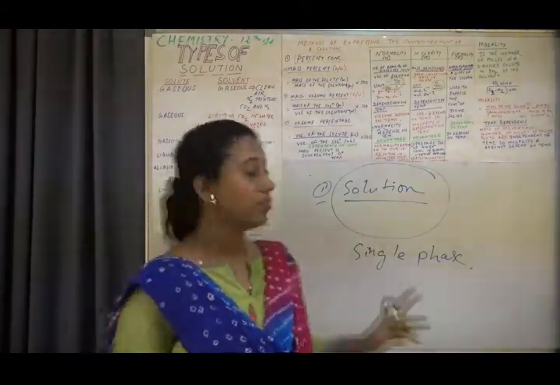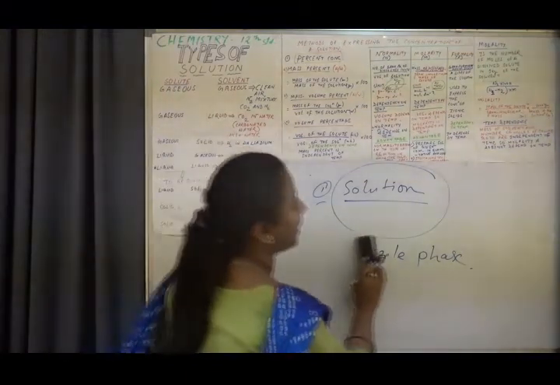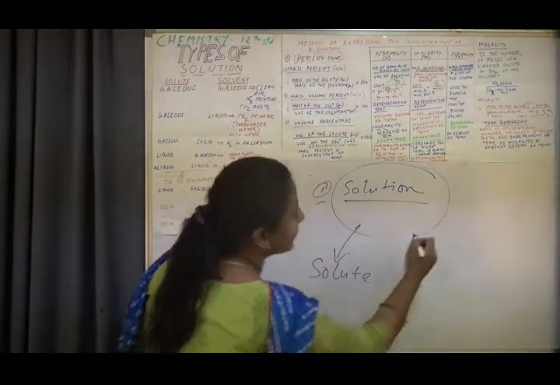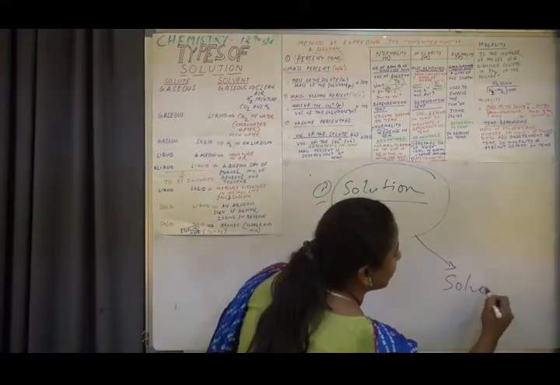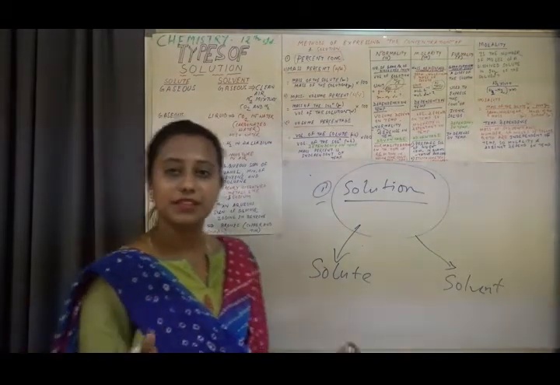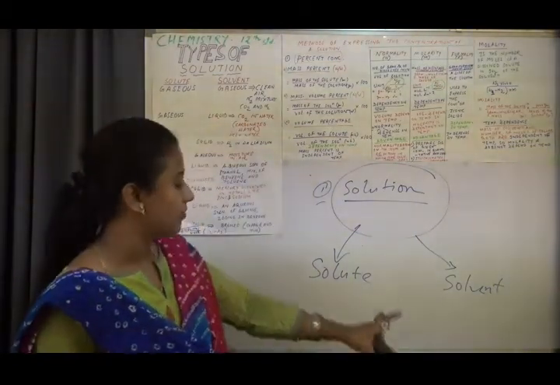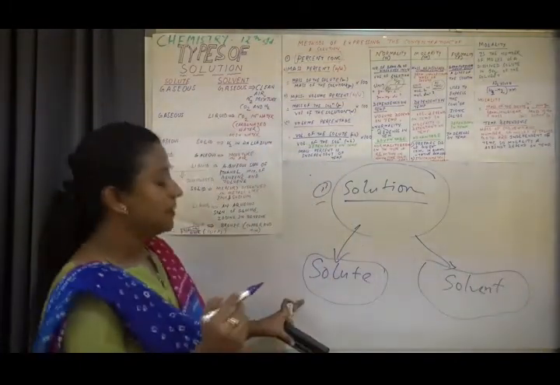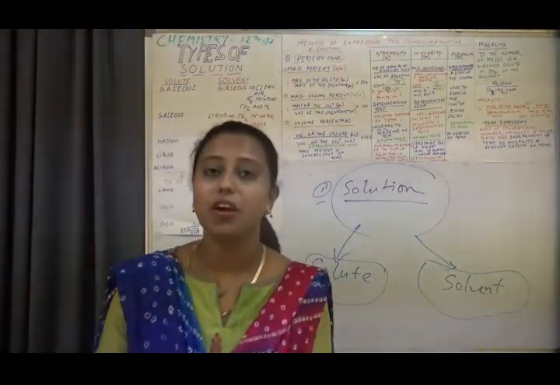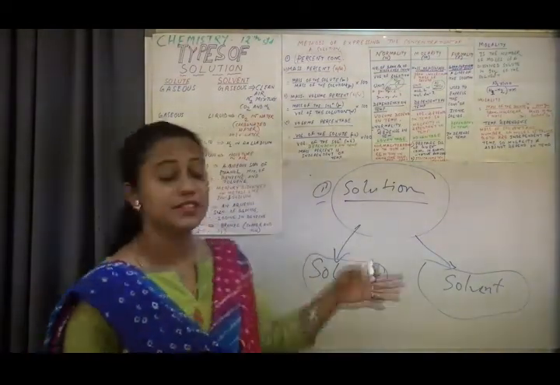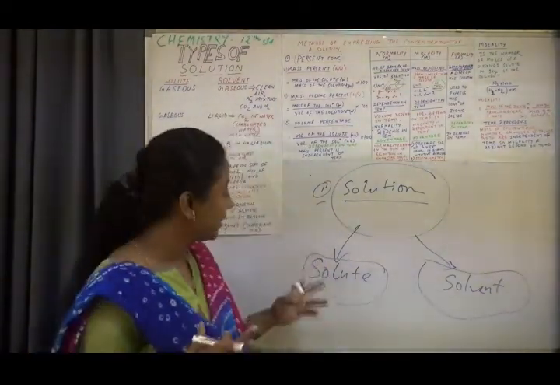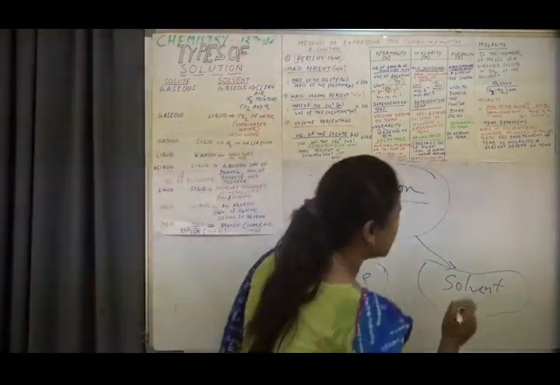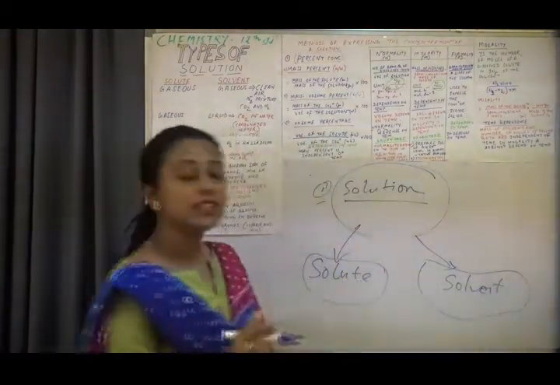From the word solution come two terms, the solute and the solvent. All of you have previously learned about them. The solute is the component which is present in the solution in a smaller amount, and the solvent is the component present in a larger amount.